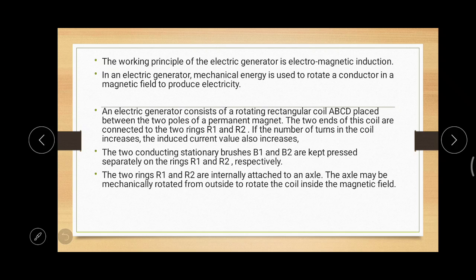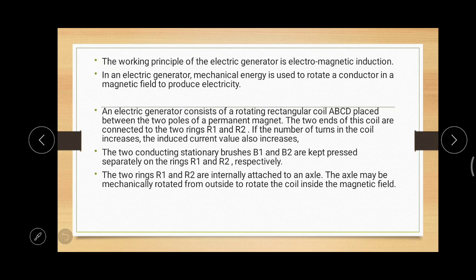Two ends of the coil are connected to two rings R1 and R2. R1 means end A will always be in contact with R1, and end D will always be in contact with R2. And R1 and R2 are connected to the brushes B1 and B2 respectively.